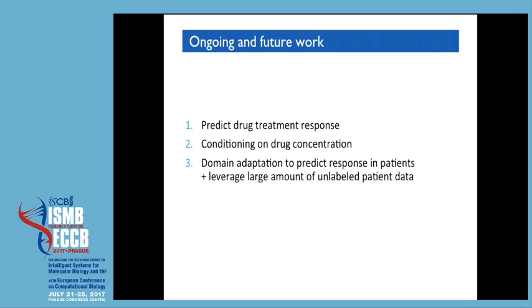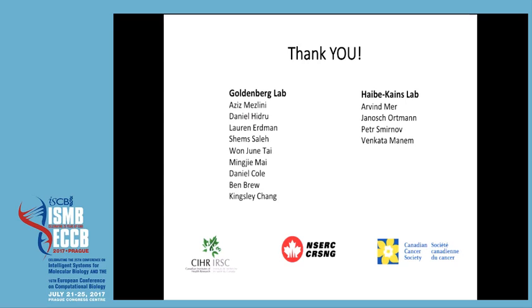And since it's a generative model, we can also try to incorporate patient data or PDX data and so on, and incorporate the domain adaptation into the model. And of course, you can do a multitasking model as well with straightforward extension for drugs that are similar, and one can inform the other. And that would be it.